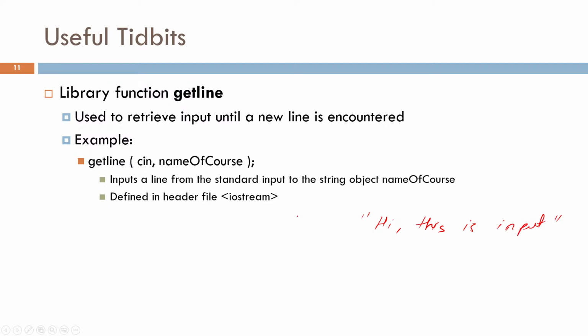and let's say you're using cin here. What happens is that cin will just see the h and i and then the comma, and then everything here is just going to be discarded. So when you go to cout, all you're going to get is just hi, comma.